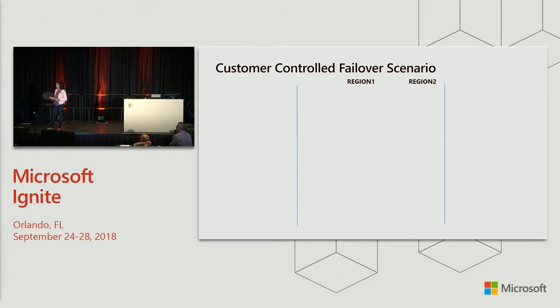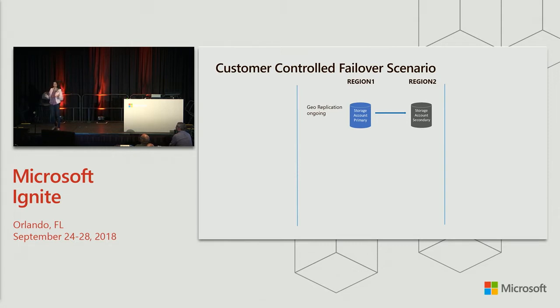So what we currently have in preview today is the unplanned or the forced failover, which essentially means that you're losing a little bit of data, but your RTO, the time that you take to switch over to your secondary, is almost immediate. So let's look at how it works. So you have your storage account, you have your primary and your secondary.